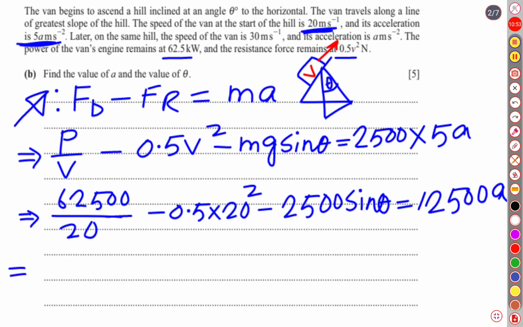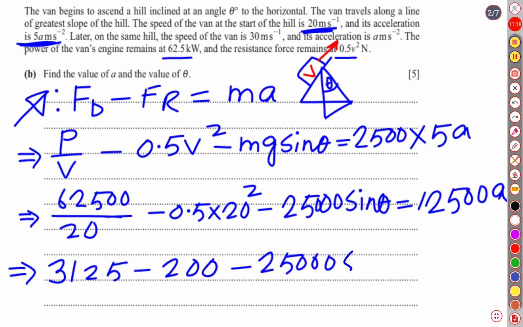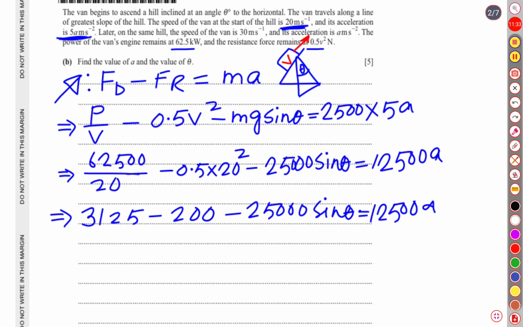Then on the left side, if we simplify, it is 3125 minus 200, half of 400 is 200, minus 25,000 sine theta. So 25,000 sine theta equals 12,500 a.